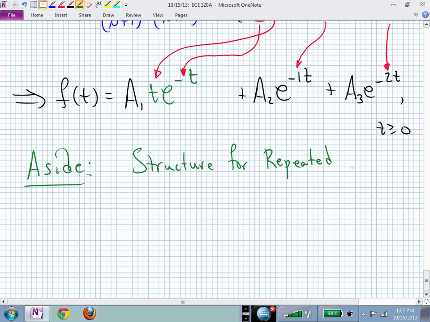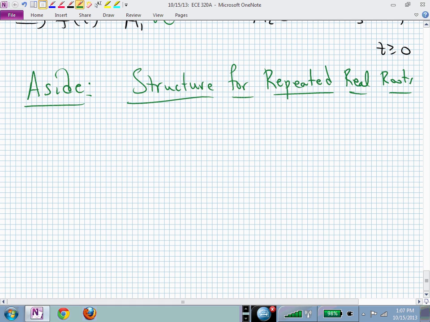So the structure for repeated real roots. Meaning if you were putting together a table, we have just demonstrated that if we had something like 1 over s plus 2, what would that look like in the time domain?